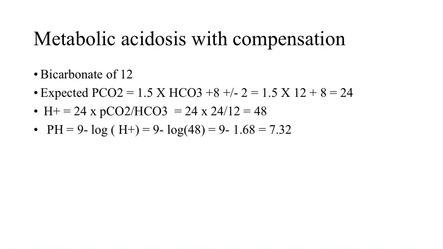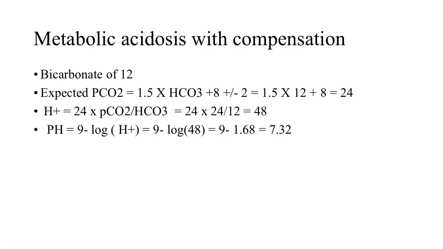Let's see if there is the right amount of compensation. You have a bicarbonate of 12. Now we plug in Winter's formula. Your PCO2 should be around 24: 1.5 times bicarb plus 8, plus or minus 2. This is not a difficult formula to remember.